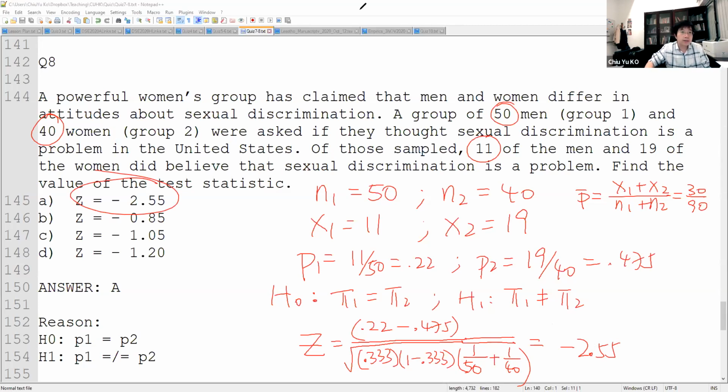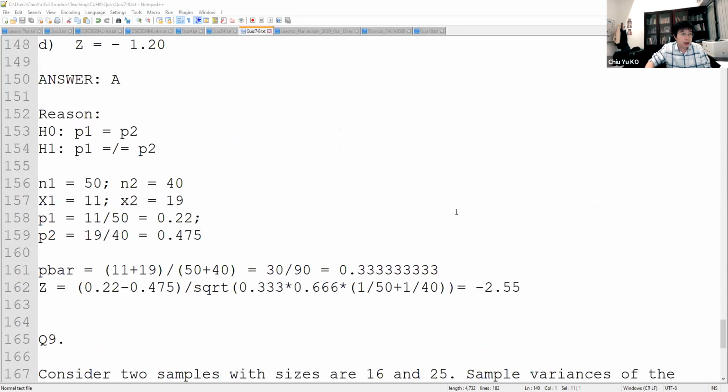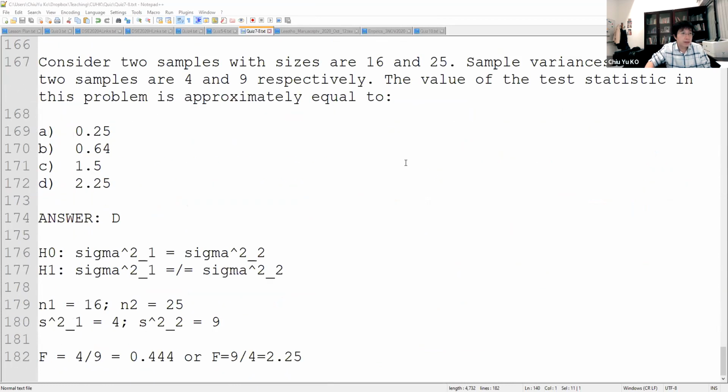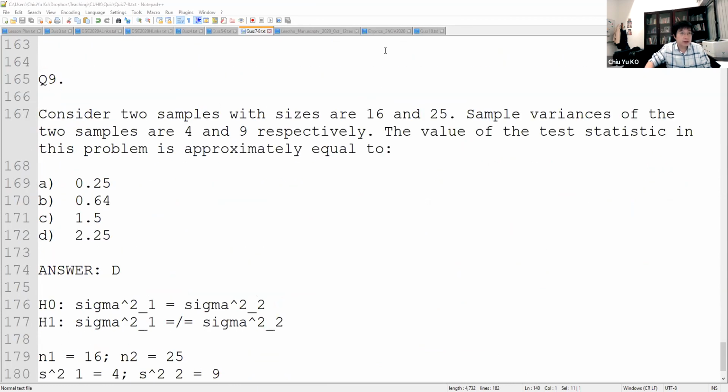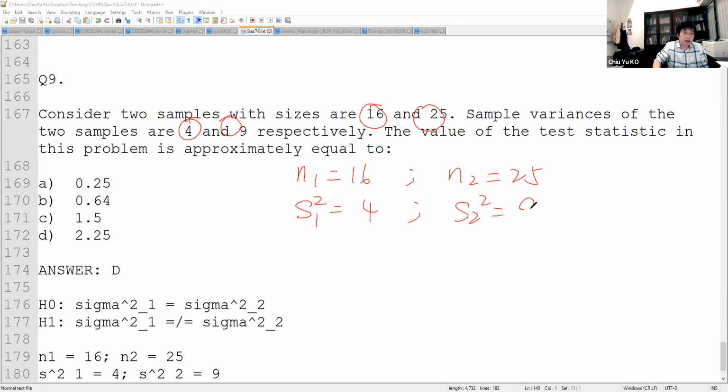Okay, here we come to the very last part. It's the F test for variance. With sample sizes 16 and 25, sample variances 4 and 9. So N1 is 16, N2 is 25, S1 squared is 4, and S2 squared is 9.